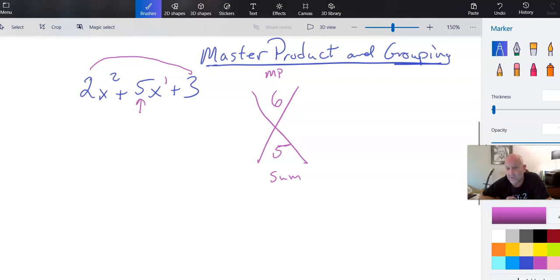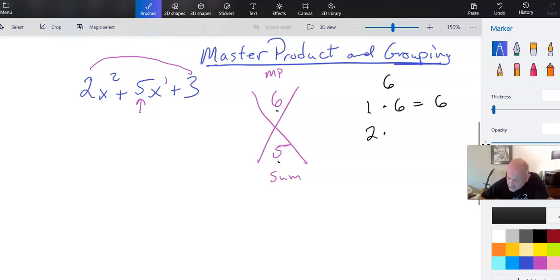This is how we use this tool. What we are looking for are 2 numbers whose product is 6 and whose sum is 5. If we think about things that multiply to give me 6, I have 1 times 6 equals 6, but 1 plus 6 is not 5, so I can't use that.